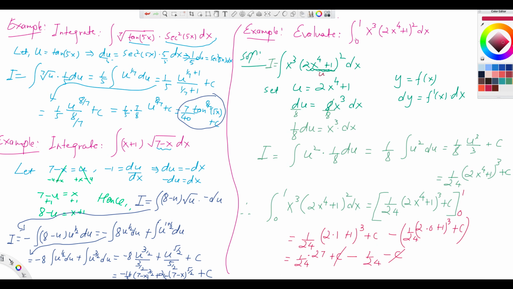If there is a definite integral, you don't have to write down that c because it will cancel out anyway, okay? So what you got is 27 over 24 minus 1 over 24, which is basically 26 over 24. 26 divided by 2, you get 13 over 12 as the final answer. Alright guys, thank you.